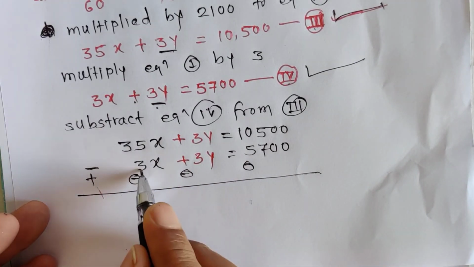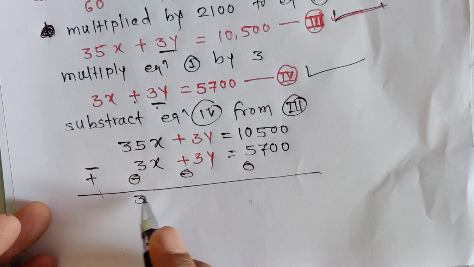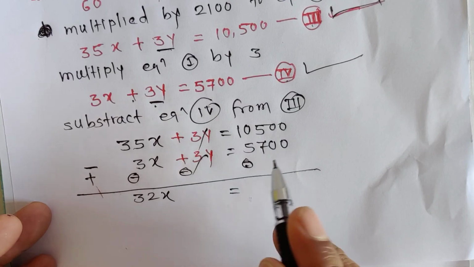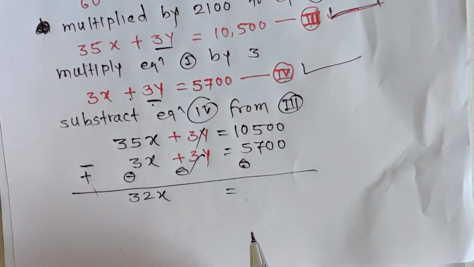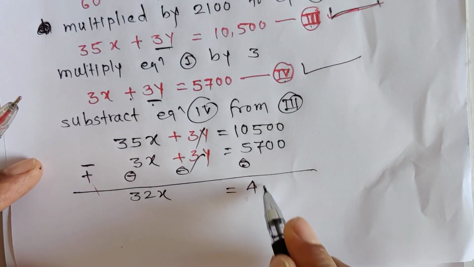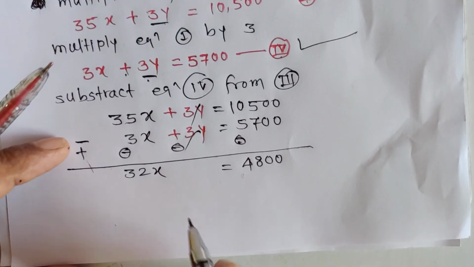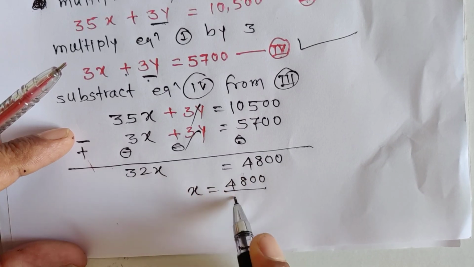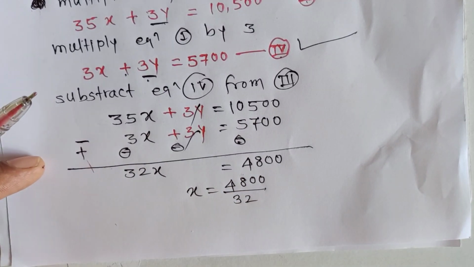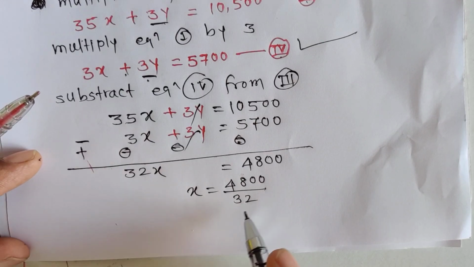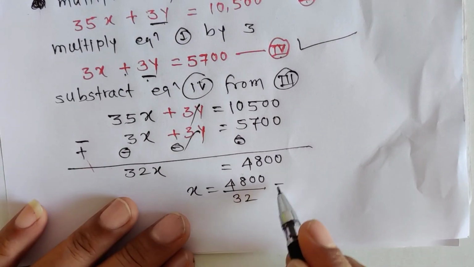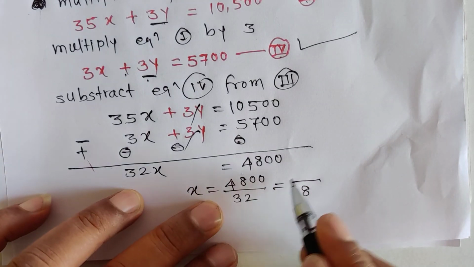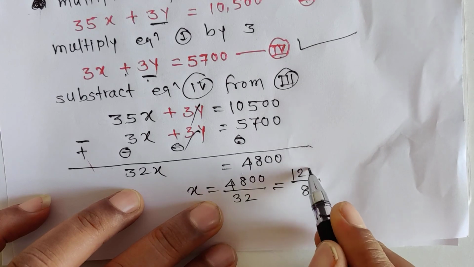So here 35 minus 3, we get 32x. This 3y gets cancelled, eliminated. Now 10,500 minus 5,700 we get 4800. Therefore x is equal to 4800 divided by 32. Now simplify. If we divide by 4, then 4 8s are 32, 4 1s are 4, 4 2s are 8, 200.